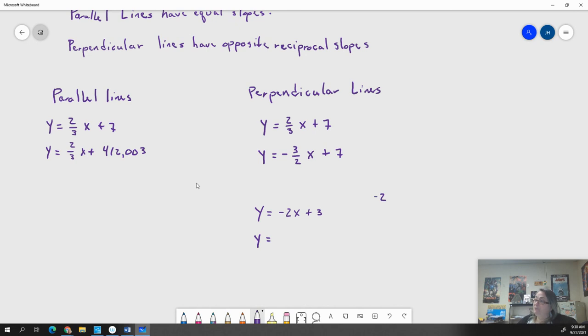Remember that negative 2 is the same as saying negative 2 over 1. So when I flip that fraction, it's going to be 1/2 x plus, it can be anything, plus whatever, right? Doesn't matter.